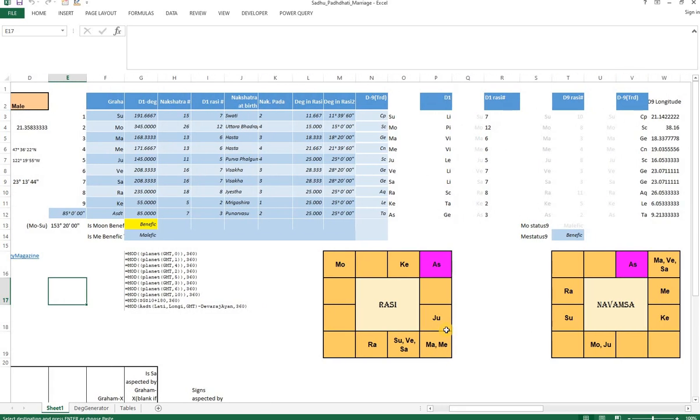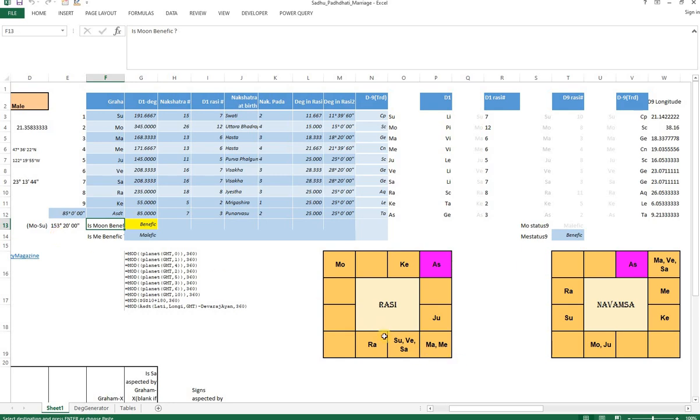Jupiter and Venus are treated as benefics as usual, and is the Moon benefic? To get that answer, the difference between Moon and Sun, if it is within plus or minus 90 degrees, then the Moon is considered to be malefic. If it is more than 90 degrees, then it is considered to be benefic. So if it is very near to the Surya, it is considered malefic.